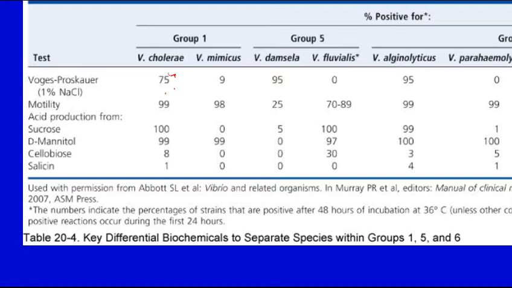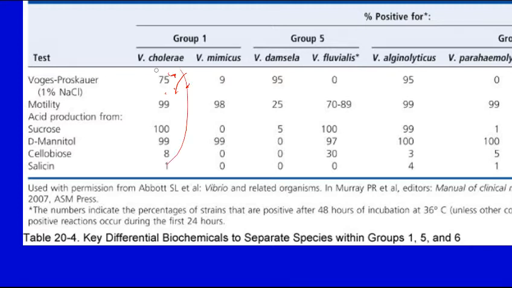Sorry. So it means that 75% of the V. cholerae species will give a positive result in Voges-Proskauer test with 1% sodium chloride. 99% of V. cholerae species will give a positive motility test. 100% will produce acid from sucrose for V. cholerae, 99% from D-mannitol, 8% for cellobiose and salicin, 1% for V. cholerae.